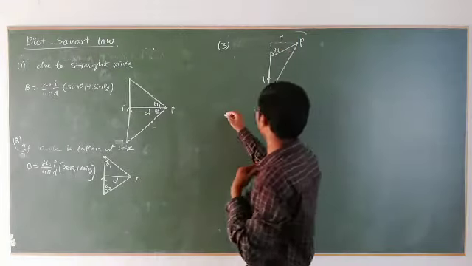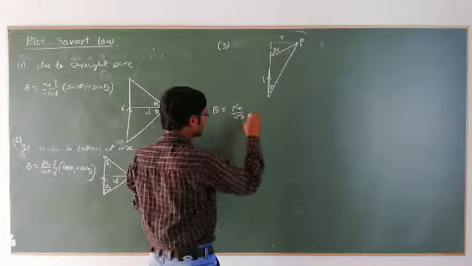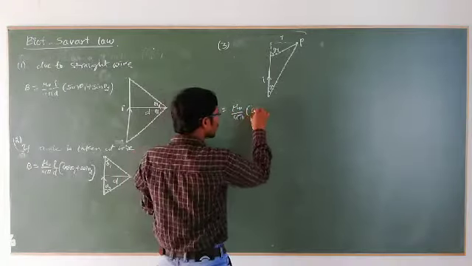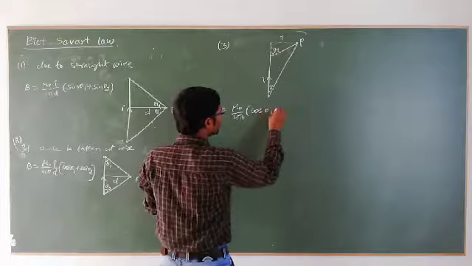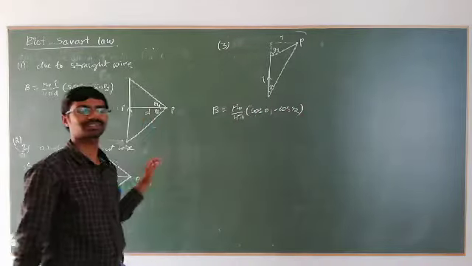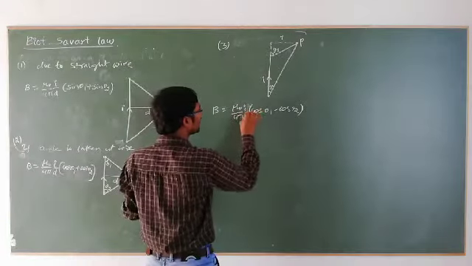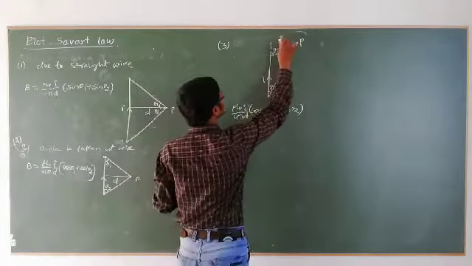So what can we write here? Magnetic field B is equal to mu naught by 4 pi into cos theta 1 minus cos theta 2, into I by d. So let me take it as d.